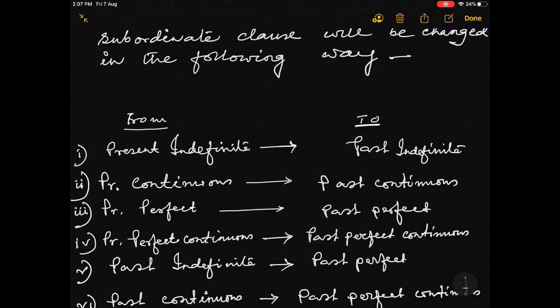So, it is said here, if the verb in the principal clause is past, and the verb in the reported speech, which will become a subordinate clause when combined into a complex sentence, is present indefinite, then that present indefinite will be changed into past indefinite when they are combined.